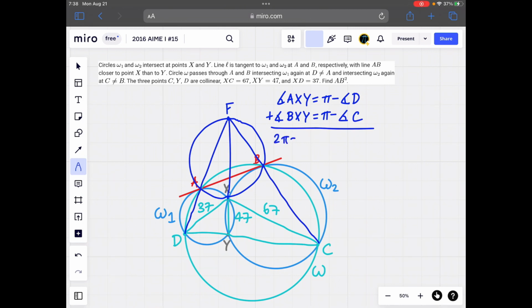So we have 2 pi minus angle AXB, and that's equal to 2 pi minus directed angle D plus directed angle C. And so we know directed angle AXB is equal to the sum of angles D and C, which is just pi minus angle F, where angles are taken with respect to triangle FDC.